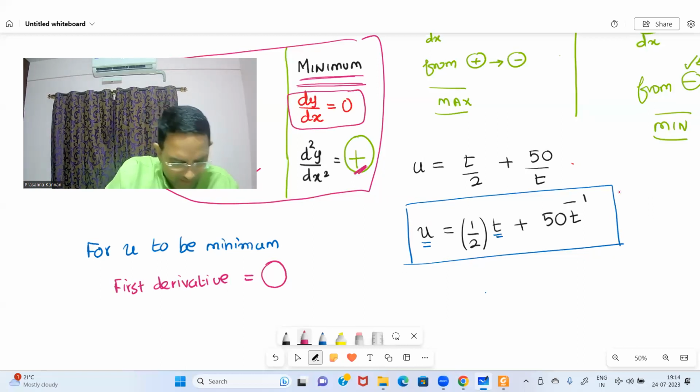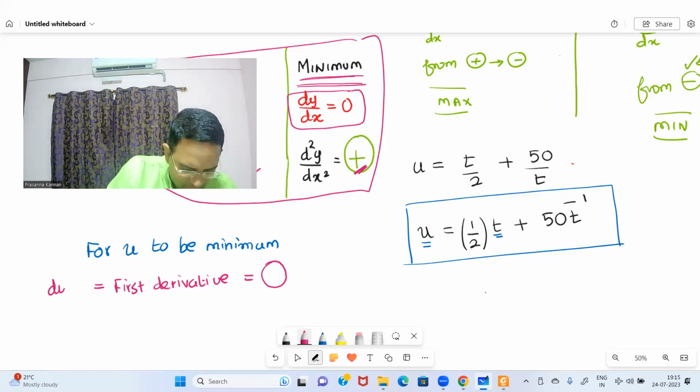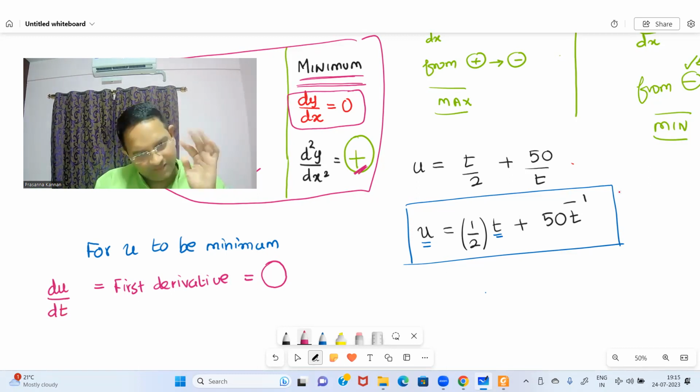So instead of dy by dx, here in place of y, what do you have? See, y is the dependent variable, x is independent. This is the equation of u and t. So u is the dependent variable, t is the independent variable. So you are finding du by dt. That's what I'm asking.